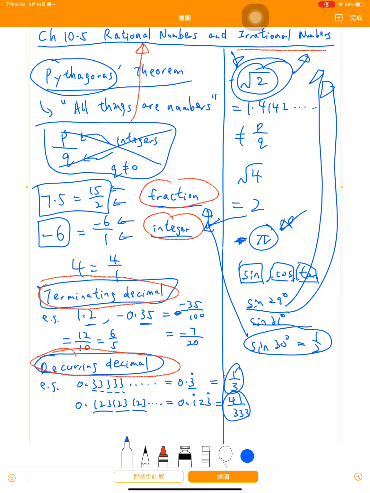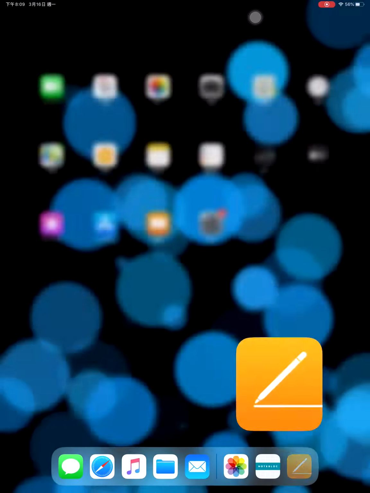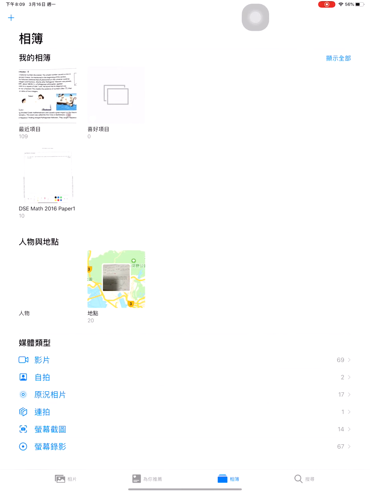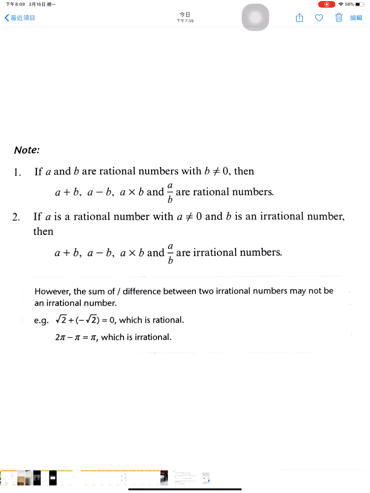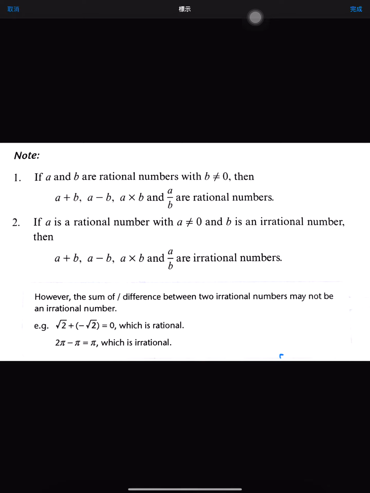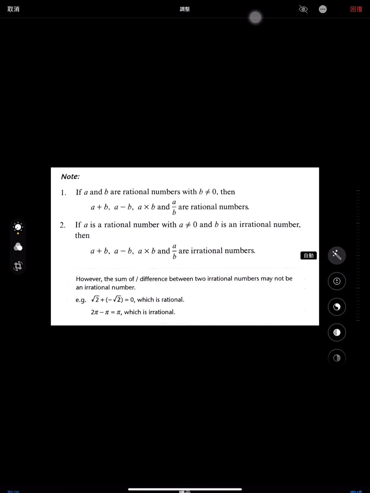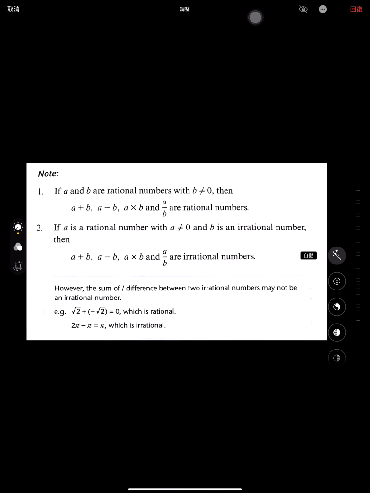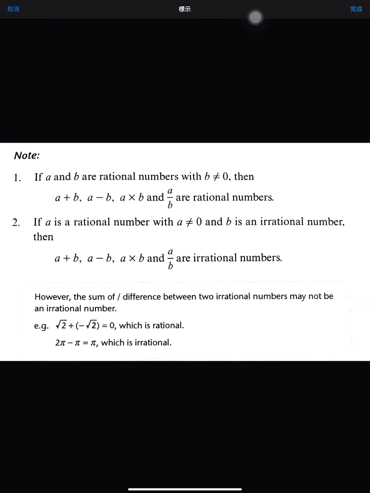Then I'm going to talk about another property of rational and irrational numbers. First of all, I'll show you the photo. In fact, you can find this in your book, page 37.